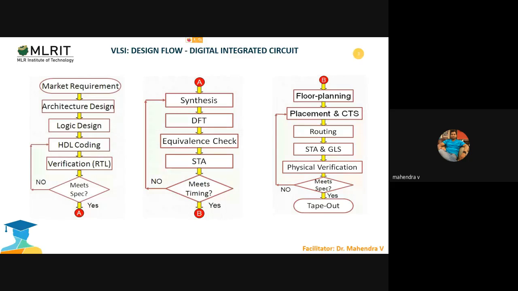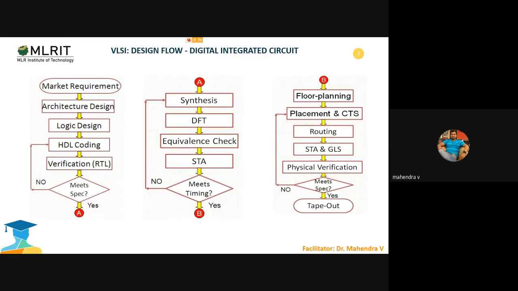That is what logic design. Here in this logic design, you can keep the behavior of the design in the form of Boolean equation or algorithm. We can conceptualize the requirements and architecture what we have developed into a form of Boolean equation or algorithm.